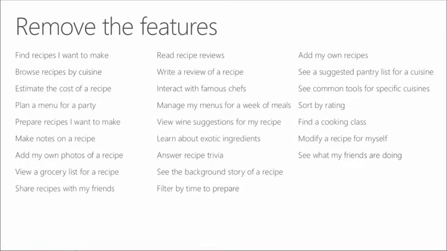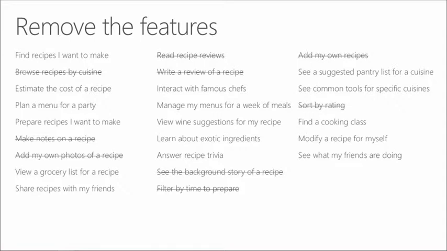So when we look again at that scenario list, this came from the brainstorming, but there are features in here which are not really complete stories. They're just small things that you can do. So when we remove those from the list, you see things like read a recipe review.